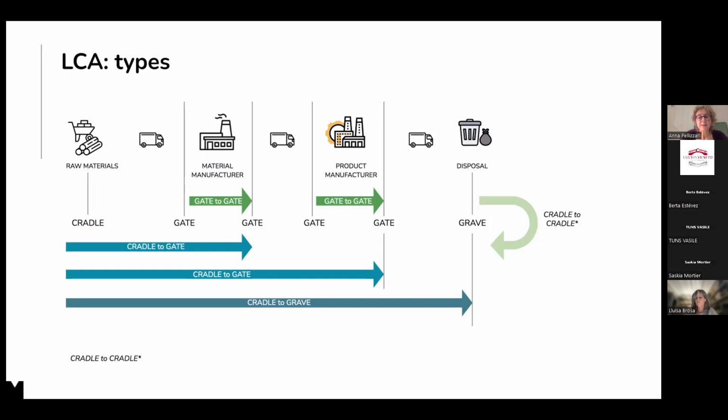A product instead can calculate its LCA cradle to gate or cradle to grave. And then there is the cradle to cradle approach, which also considers strategies to bring materials back to the beginning of the chain.